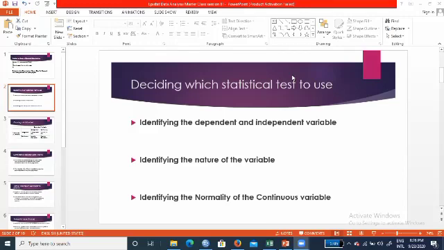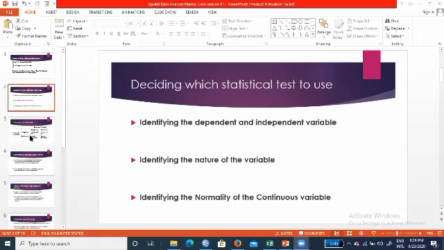Now, what are the parametric tests? Parametric tests are the t-test, ANOVA, Pearson correlation, etc. I repeat, parametric tests are the t-test, ANOVA, and Pearson's correlation.